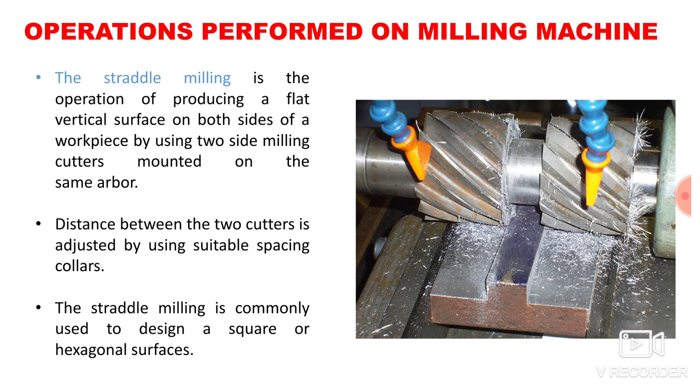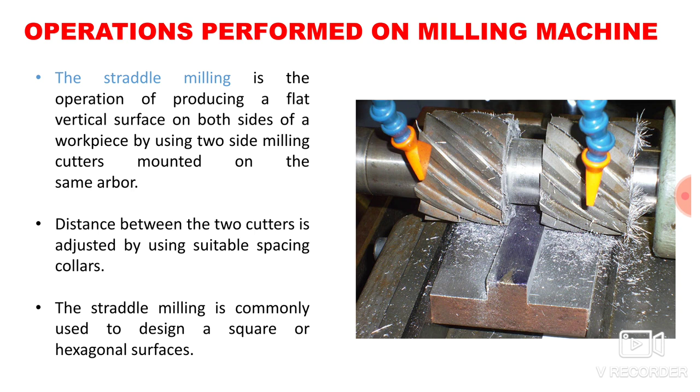Again I am repeating, straddle milling is the operation of producing a flat vertical surface on both sides of the workpiece by using two side milling cutters mounted on the same arbor. So at the same time we can remove the material from two different sides of the workpiece.